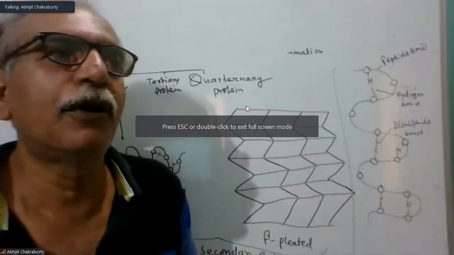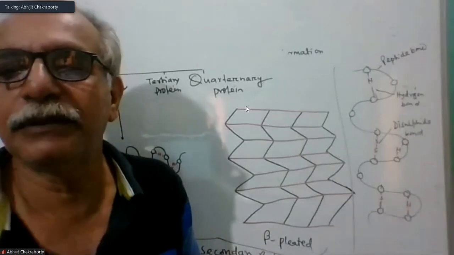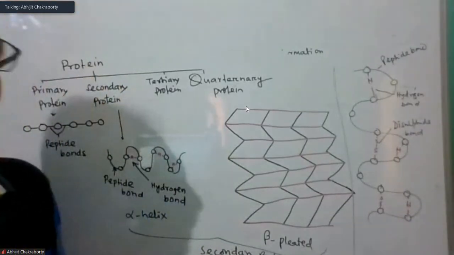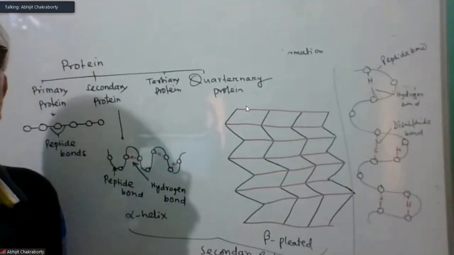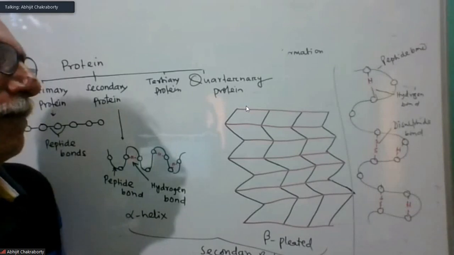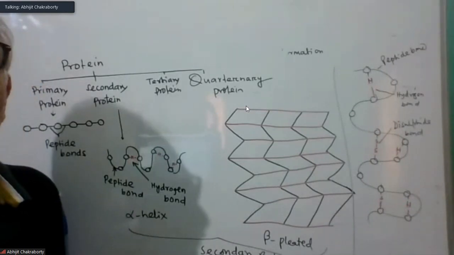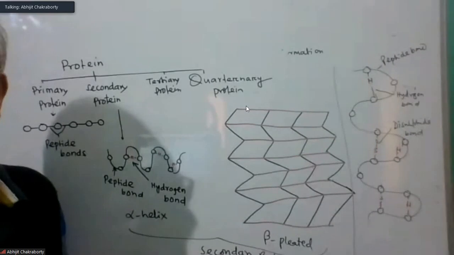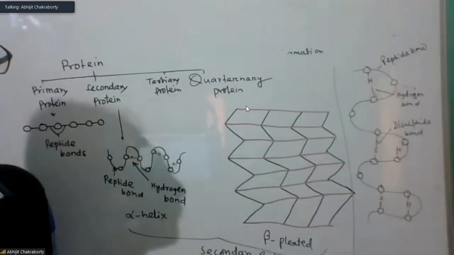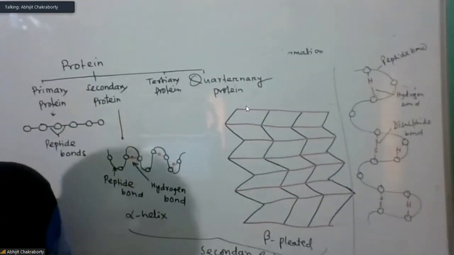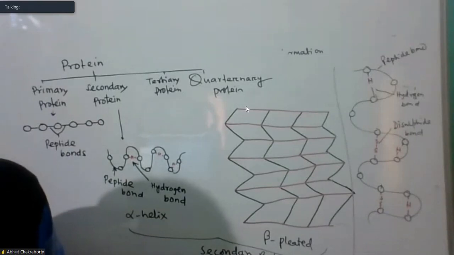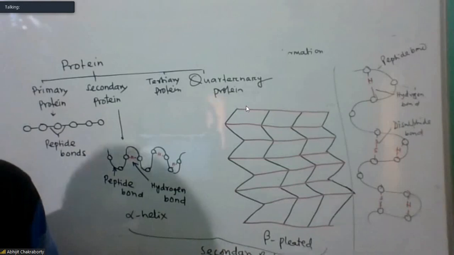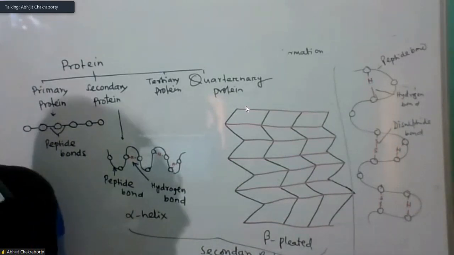Bond or hydrogen bond, then it is called quaternary protein. When two or more tertiary proteins are linked by either hydrogen bond or ionic bond, then it is called quaternary protein.